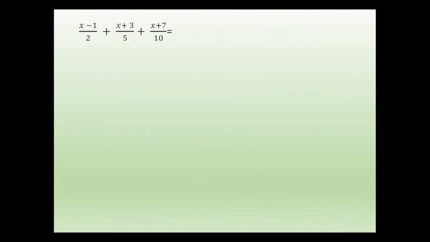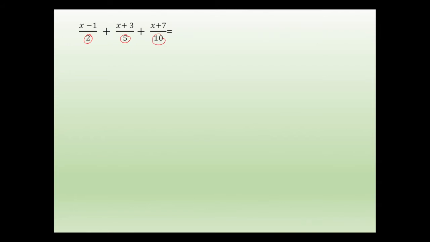Example of algebraic fractions. First, we've got 3 algebraic fractions here. You know that 1 has a denominator of 2, 1 has a denominator of 5, and the other one has a denominator of 10. Therefore, we know that the lowest common denominator is actually 10.